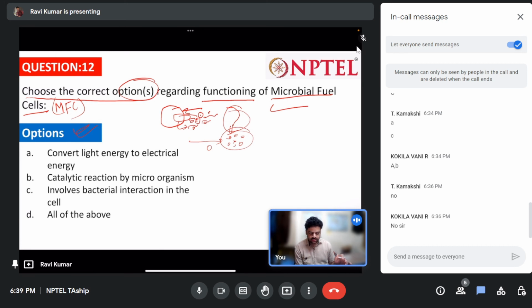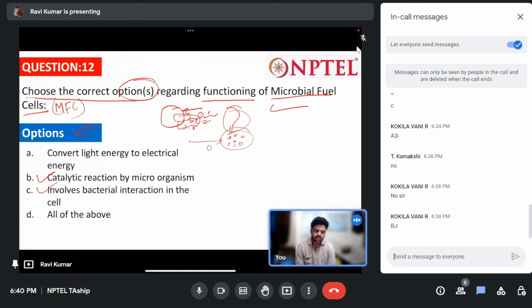Catalytic reaction is done by microorganism, involves bacterial interaction in the cell, or all of the above? B and C. Why not A?